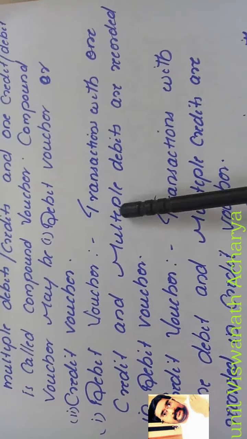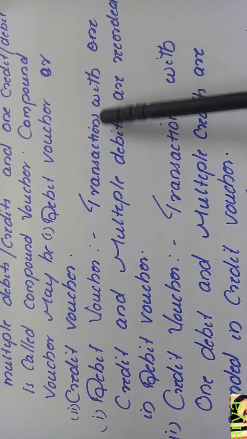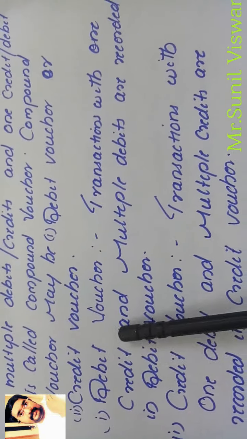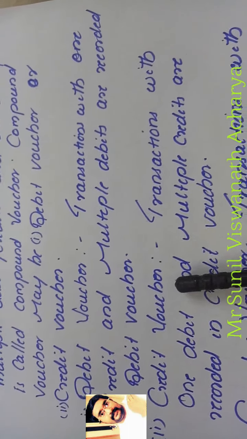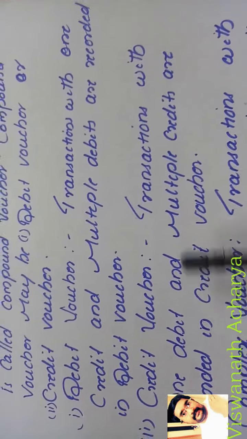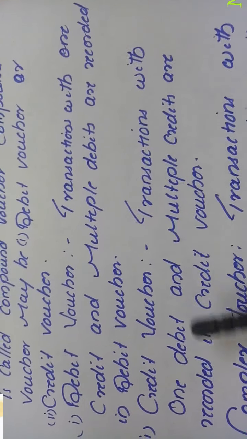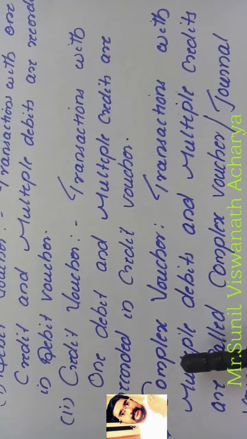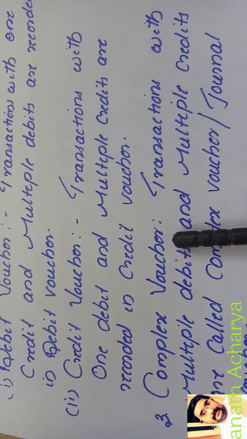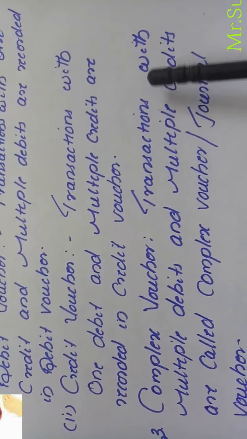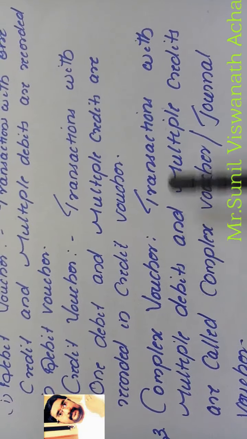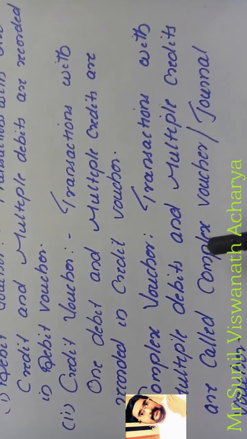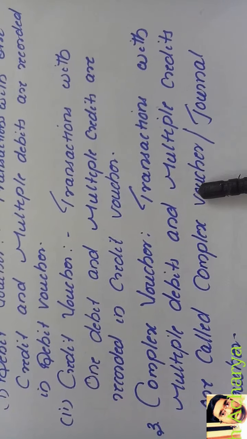So compound vouchers have two types, debit voucher and credit voucher. In a debit compound voucher, a transaction with one credit and multiple debits is recorded. In a credit voucher, a transaction with one debit and multiple credits is recorded. The last, third main voucher is the complex voucher. A transaction with multiple debits and multiple credits is recorded in a complex voucher.